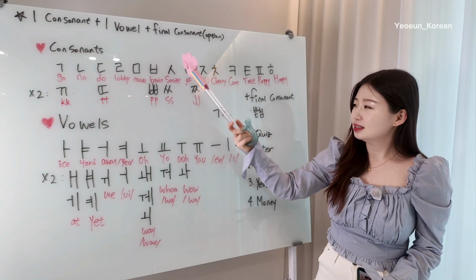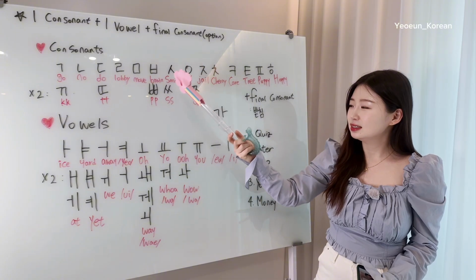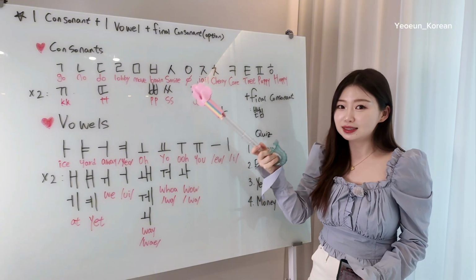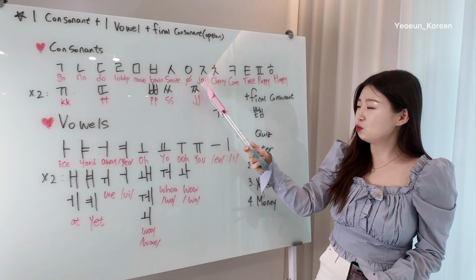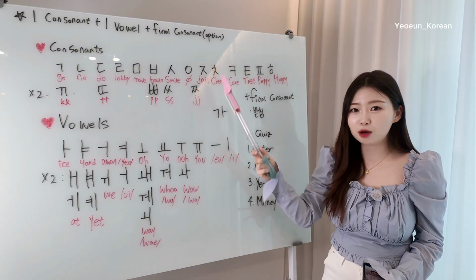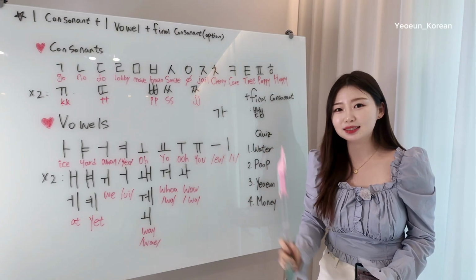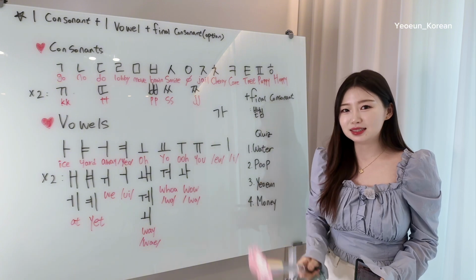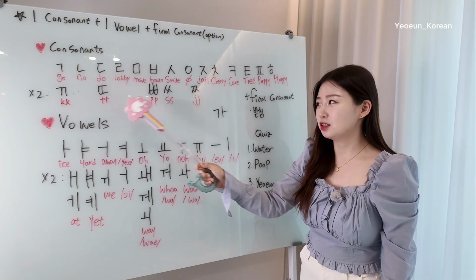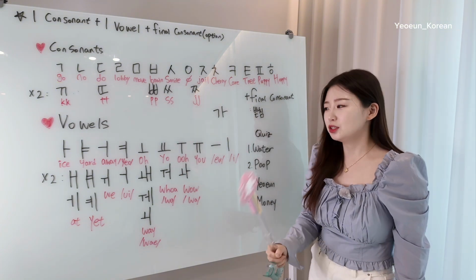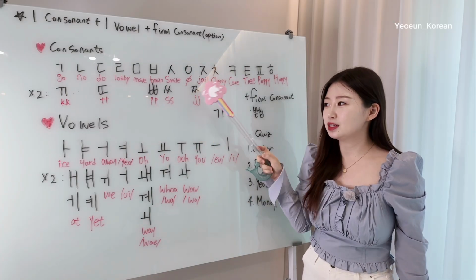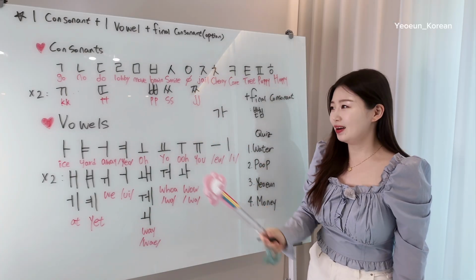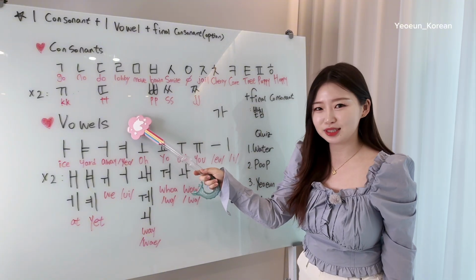And the smile, s, for double times, it becomes double s sound. And the last one, z, for double times, it becomes double z sound. I know it's hard to remember these sounds, so after learning vowels, we'll try some words to memorize these sounds, okay? Alright, so let's move on to vowels.